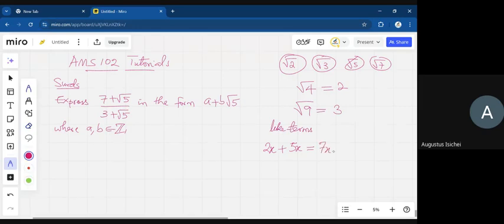In similar manner, if I have 2 root 2 plus 5 root 2, I will add the coefficients. I'm going to see root 2 as a variable, and then I add the coefficients to get 7 root 2. Does that make sense?